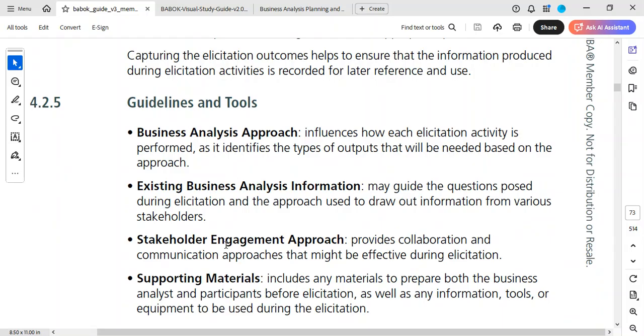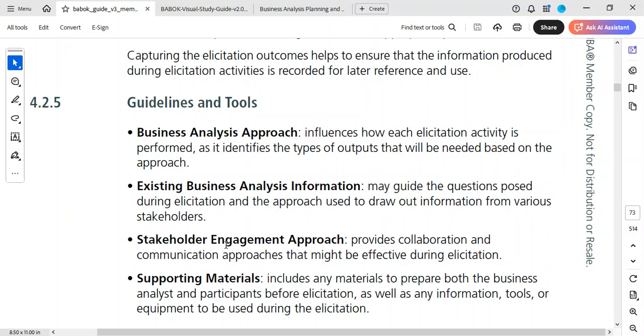So for guidelines and tools, business analysis approach, this influences how each elicitation activity is performed, as it identifies the types of outputs that will be needed based on the approach. Remember, when it comes to gathering requirements or doing your elicitation, it is quite different from what you have in Agile and what you have in Waterfall.